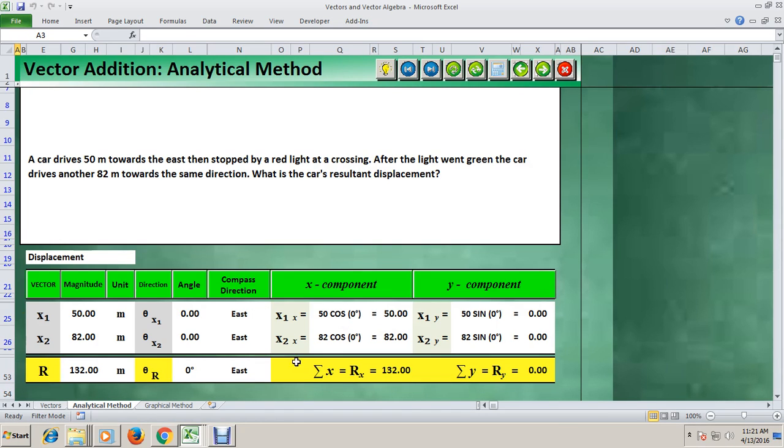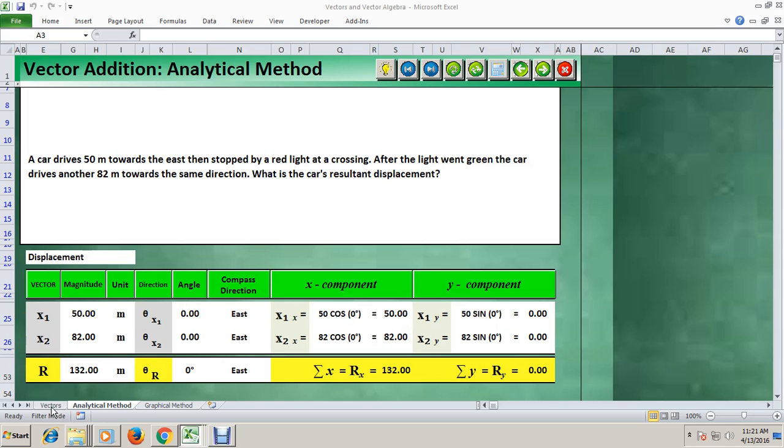So the corresponding components, when you compute for the x component, you make use of cosine, and we compute for the y component using sine, for the condition that the angle is measured from x.